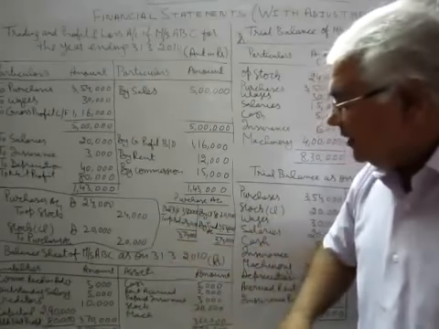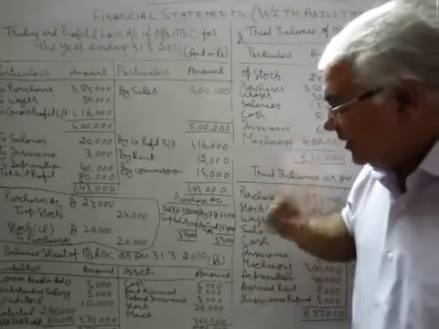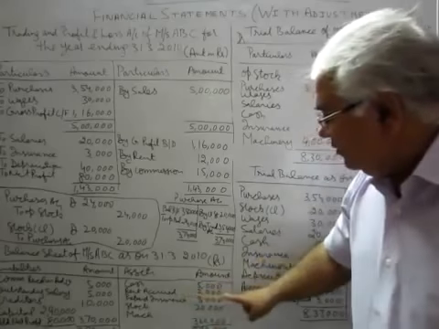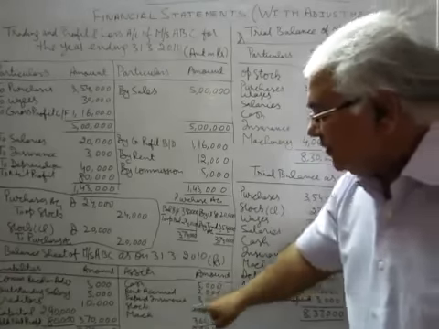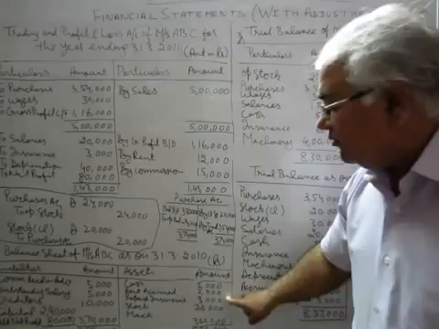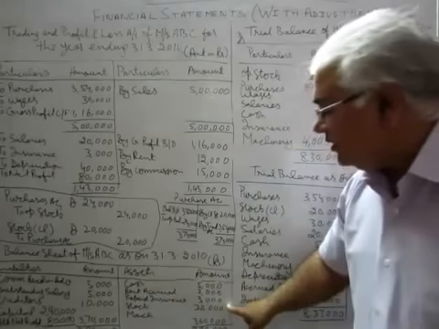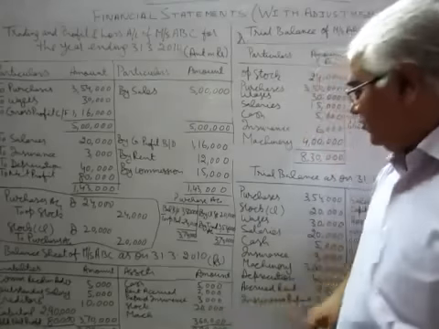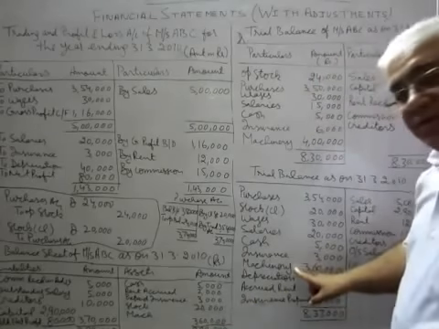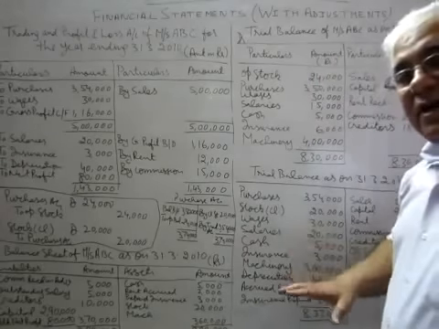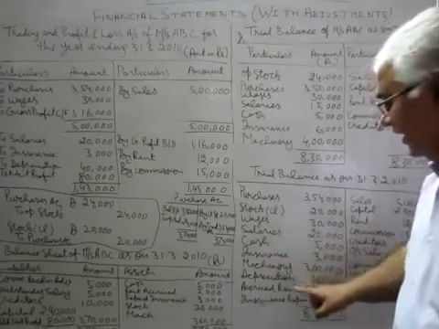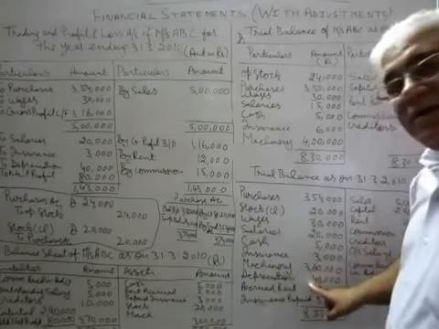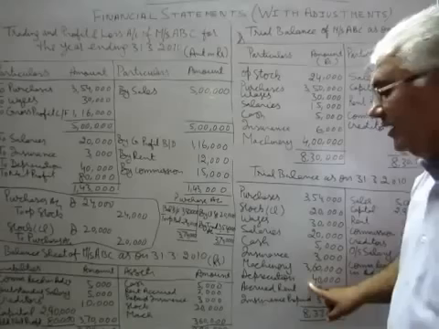You see, all other items have been taken in a similar manner. Like rent accrued is here 2,000, prepaid insurance 3,000, stock as usual 20,000, and you see machinery is at 360. That means what? Machinery is 360 because the adjustment entry of depreciation has been put, and depreciation appears in the trial balance, right?